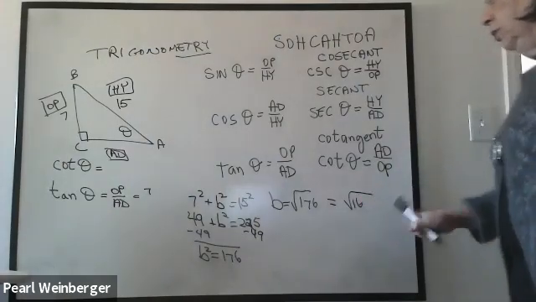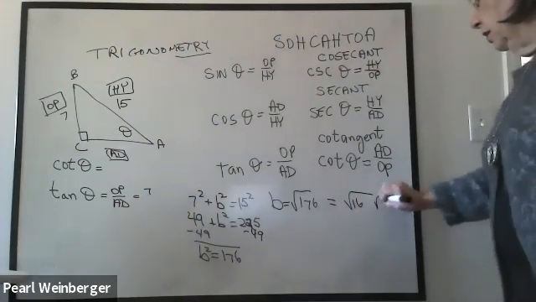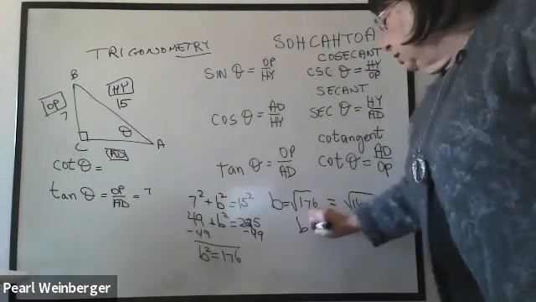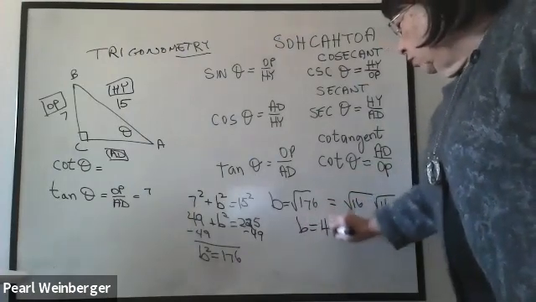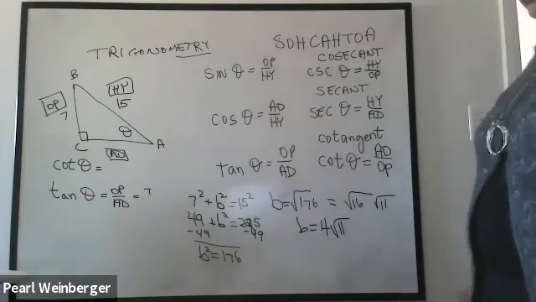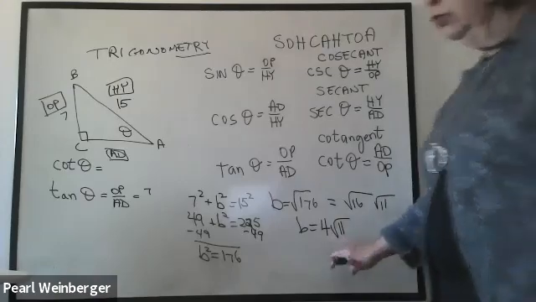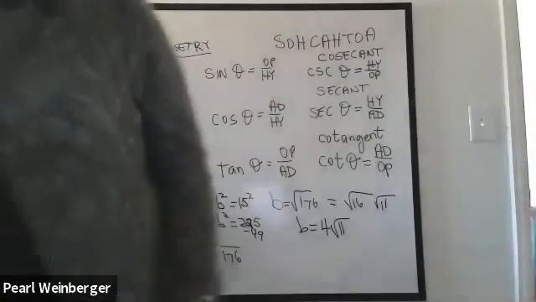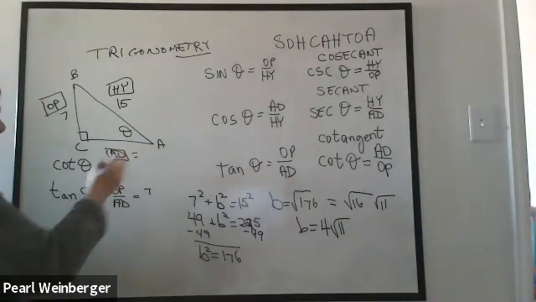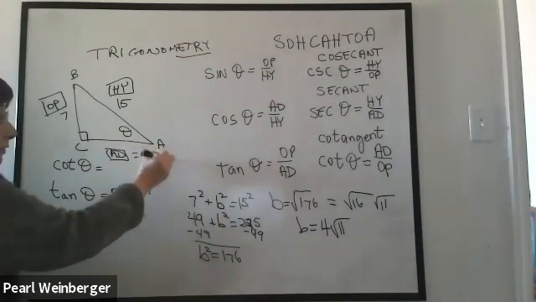The biggest square that goes into 176 is 16. This is 16 times 11. So b is 4 radical 11. If we can simplify a radical, we try to do that. So it turns out that the adjacent side is, in simplest radical form, 4 radical 11.